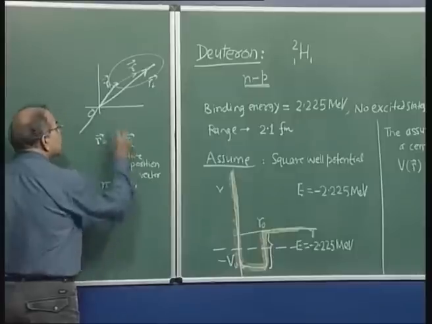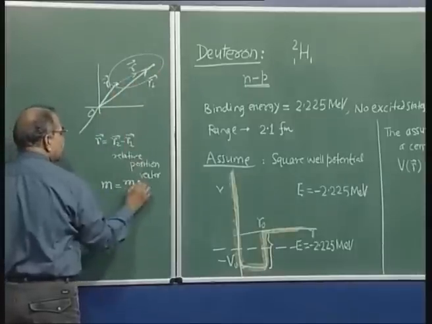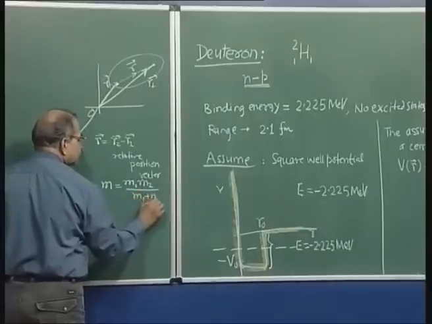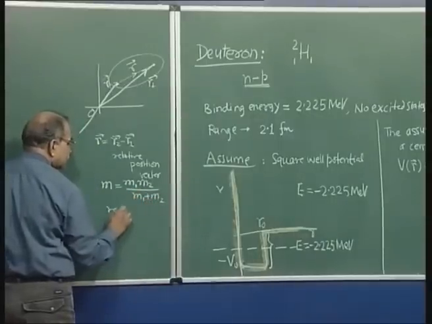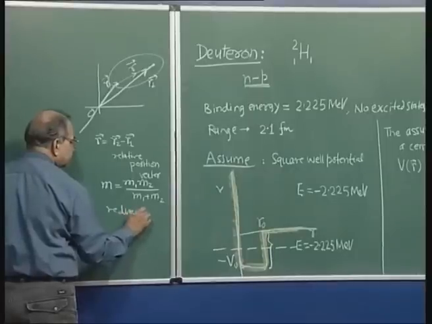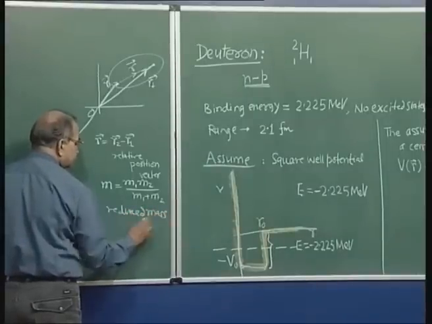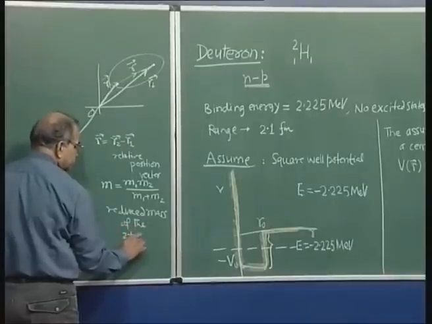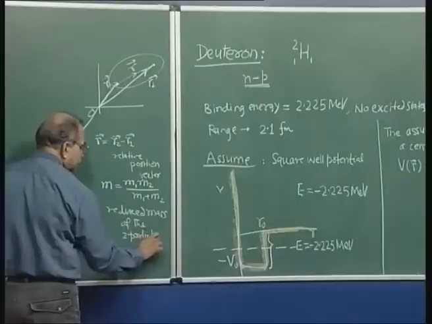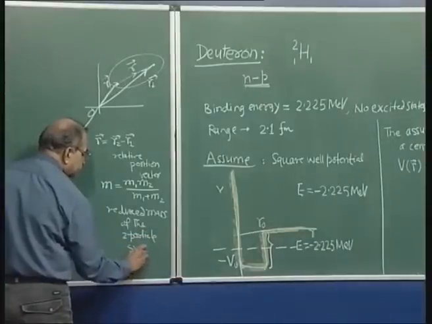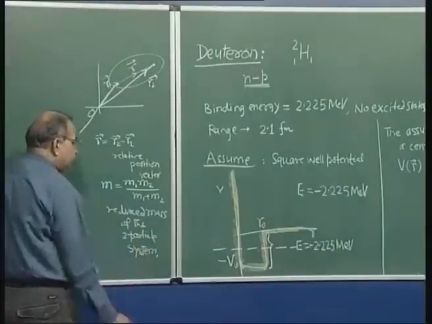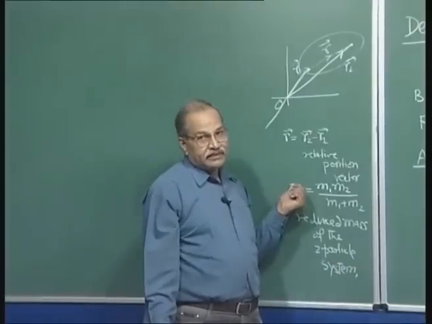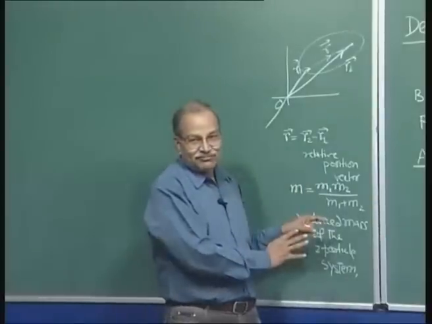This is mass m1, this is mass m2, and if you use the mass m1 m2 by m1 plus m2, which is called the reduced mass of the two particle system, so if you use this mass m, then all that correction is taken care of.